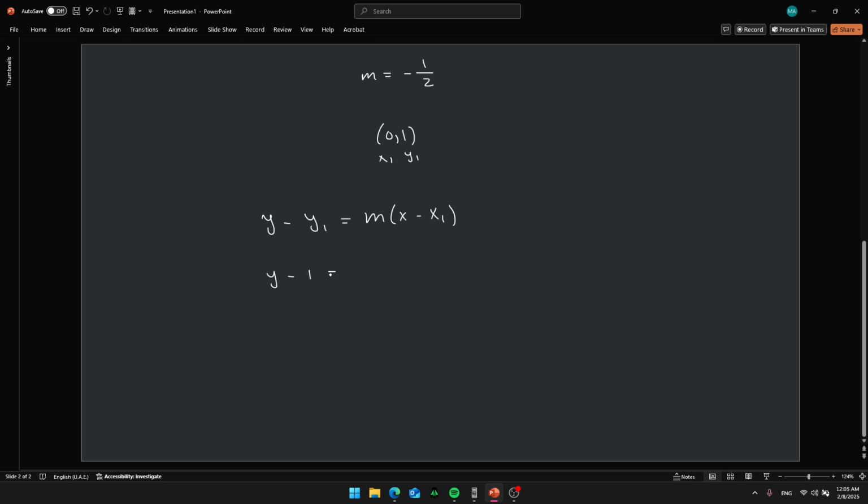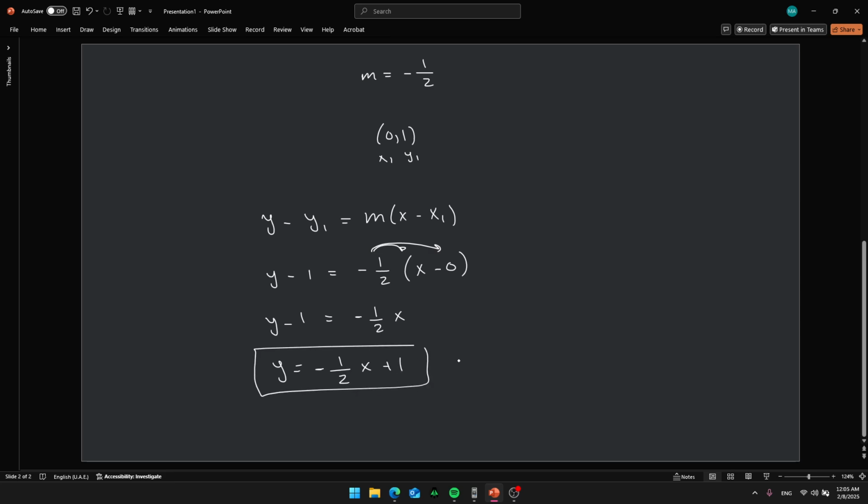So y minus 1 is equal to negative half times x minus 0. Now let's distribute the negative half. So negative half x, add 1 to both sides, so y equals negative half x plus 1. And this is the equation of the tangent line at this point.